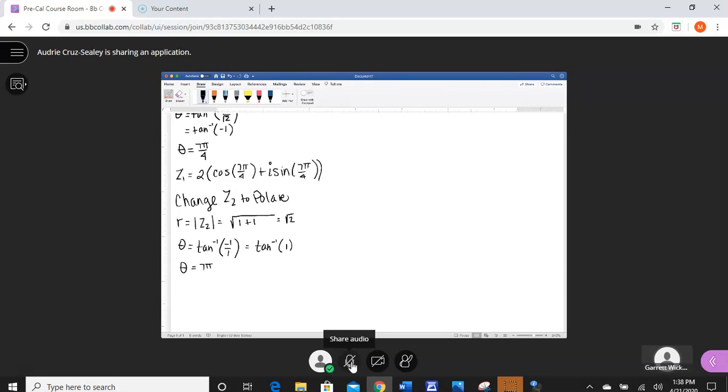Yep. So then Z2 is equal to the square root of 2, open parentheses, cosine of 7 pi over 4. Yes, ma'am. Sure would. Thank you for the catch. Plus i sine.